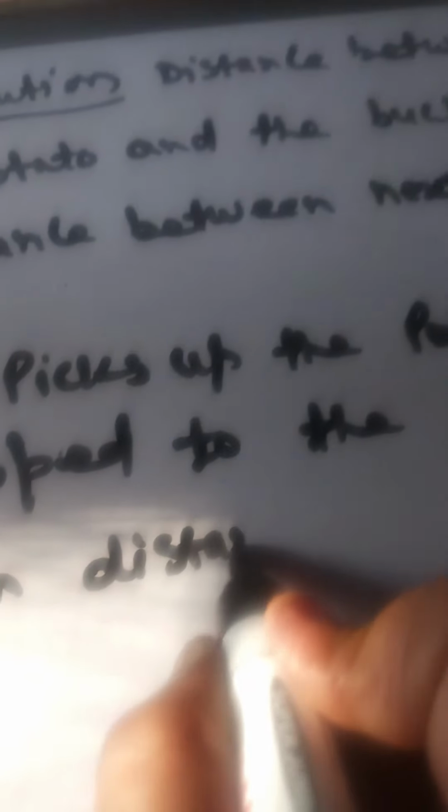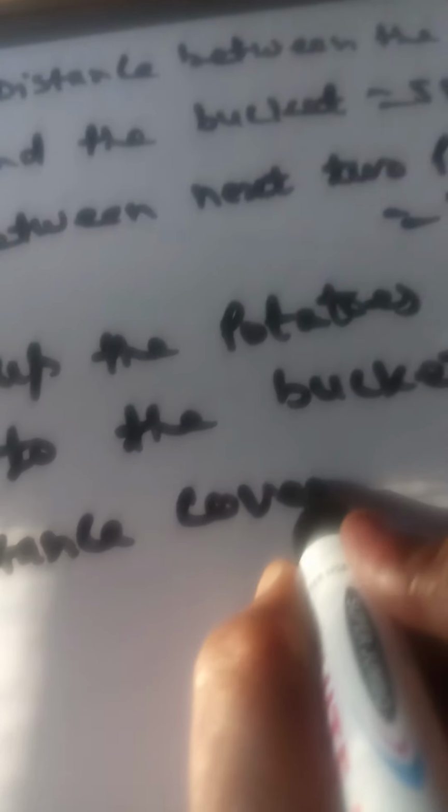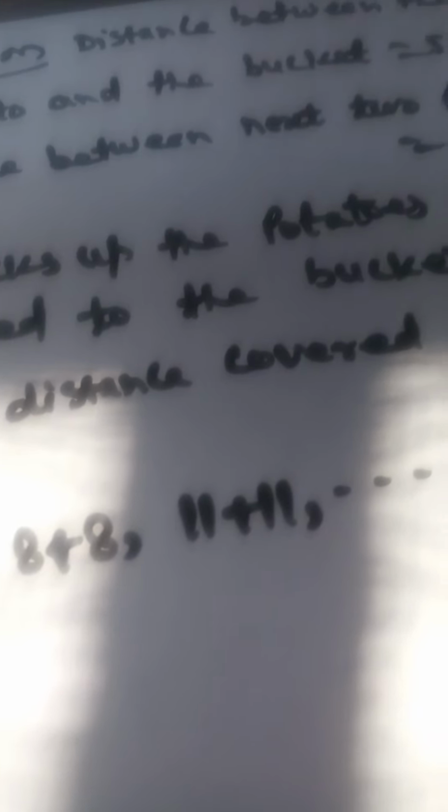Then the distance covered for the potatoes is: first potato 5 plus 5, then 5 plus 3 is 8, 8 plus 8, next 8 plus 3 is 11, 11 plus 11, and so on.